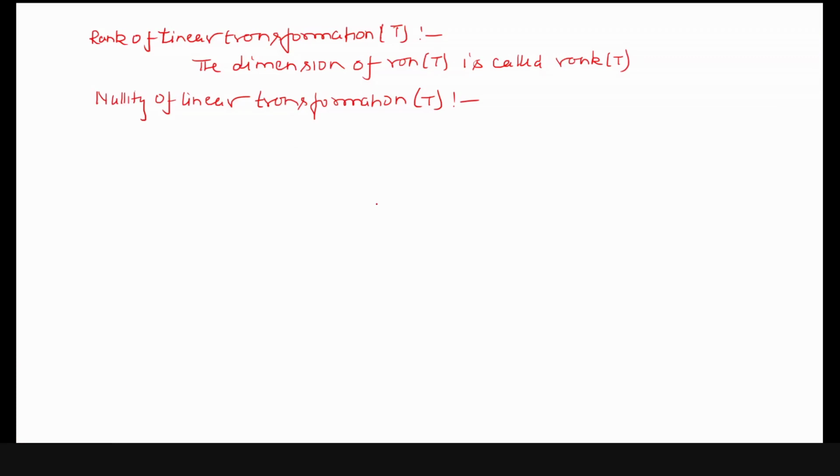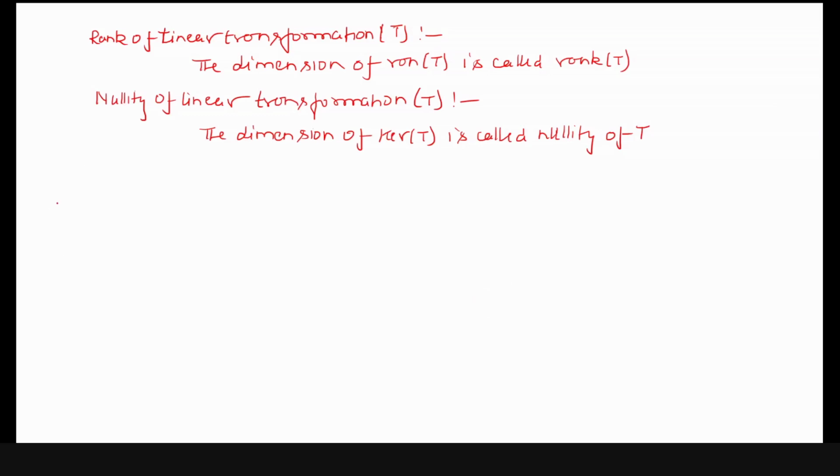So what is the nullity of the linear transformation? The dimension of the kernel of T. That is called the nullity. The dimension of the kernel of T is called the nullity of T.